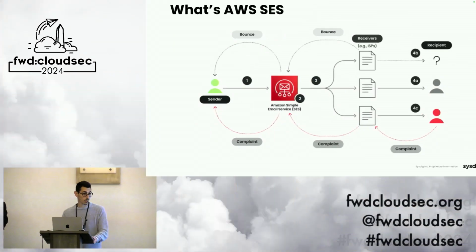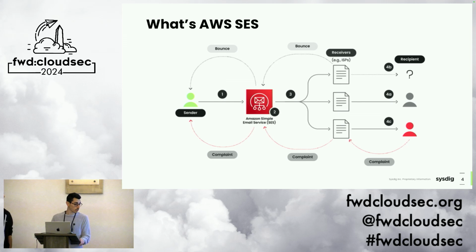So let's start with a couple of words about AWS SES for those who are not familiar with it. It's pretty simple, and it is one of the most used email features in AWS. How it works is very easy. The sender uses the AWS SES API in order to send emails.